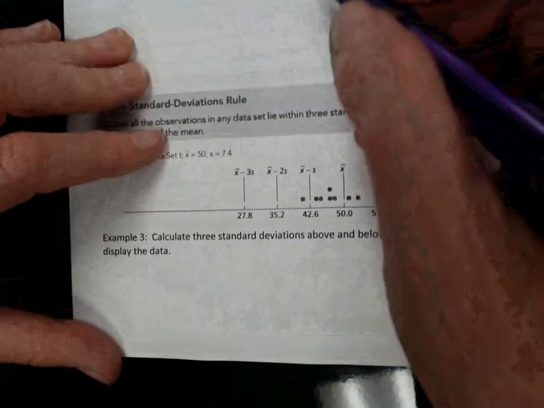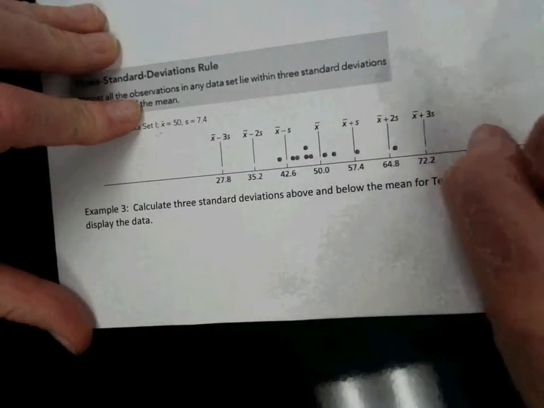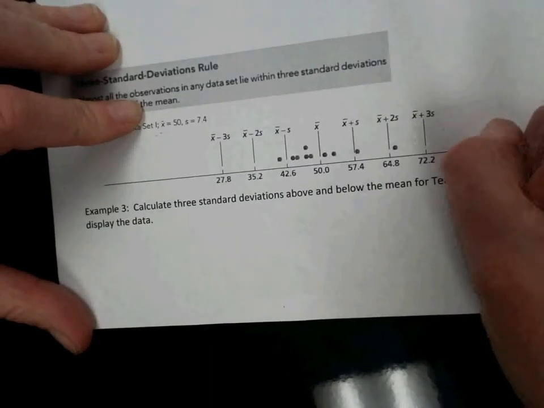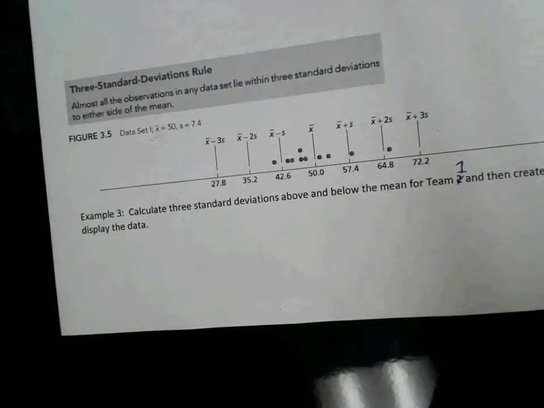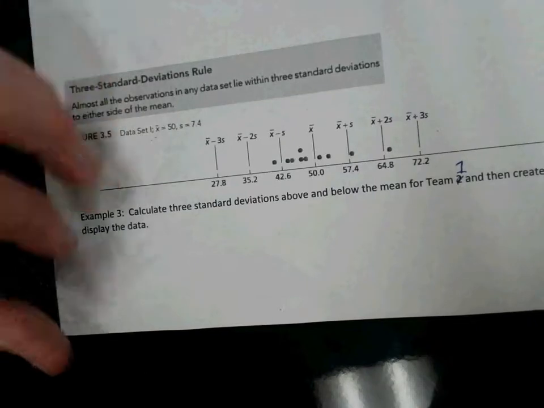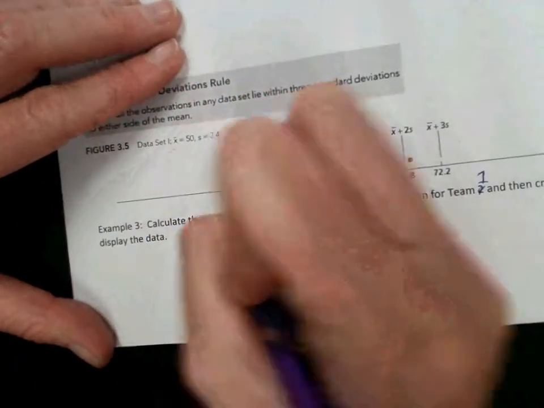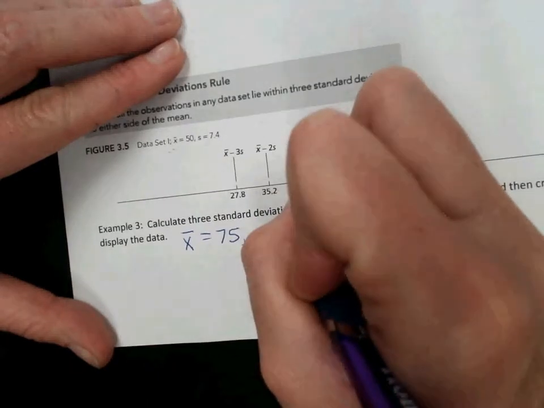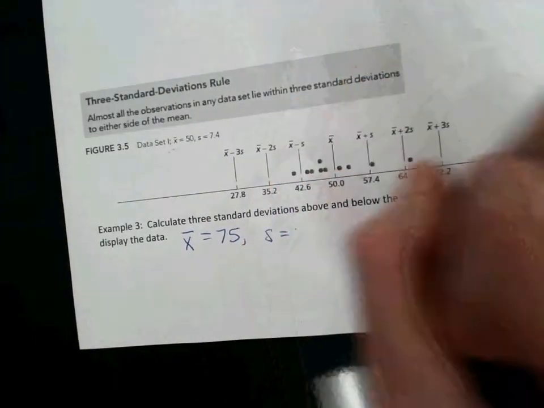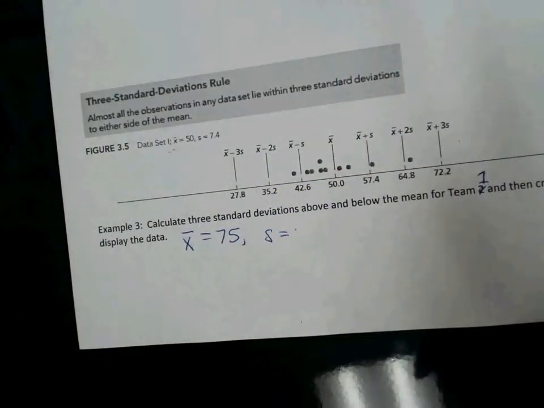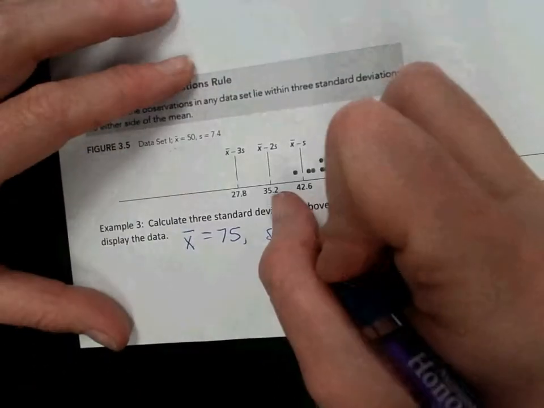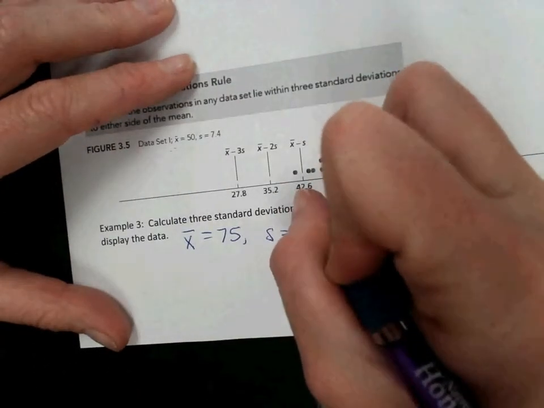So we're going to set that up for this example that we just did. Let's just do for team 1. Cross that out and put team 1. So for team 1, x bar was 75, and s was, let's round that, would it round to 2.4 or 2.5? 2.5. Okay.